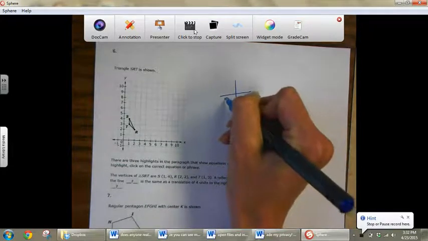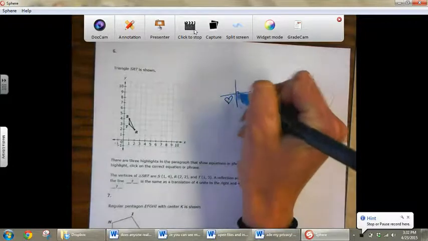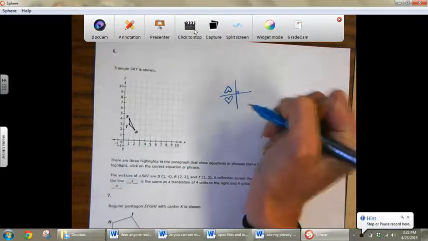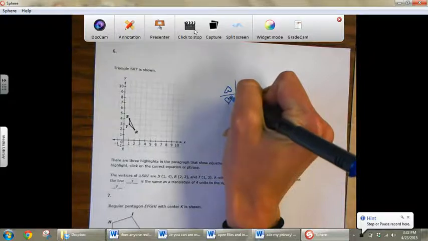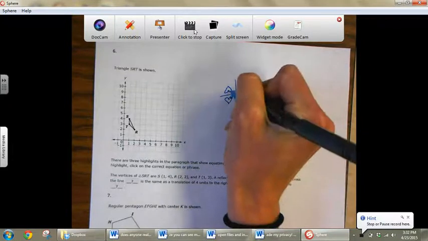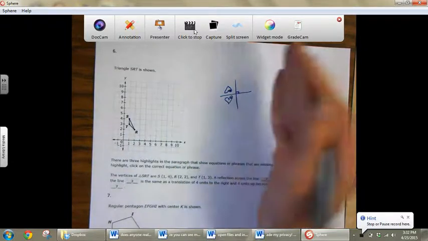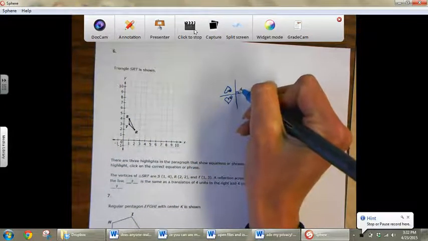you reflect this heart, let's say you reflect it across this line here, so it looks like this, and then you reflect it. Let's make it so that this heart has a little dot on one of its sides so you can tell. So when we reflect it, it looks like this is where the little dot is, and then when we reflect it across there, it's going to look like this.